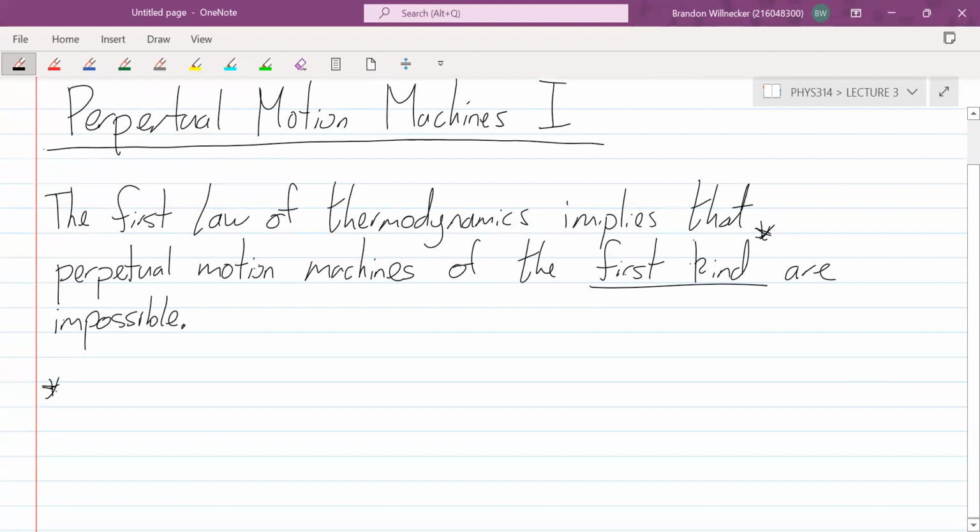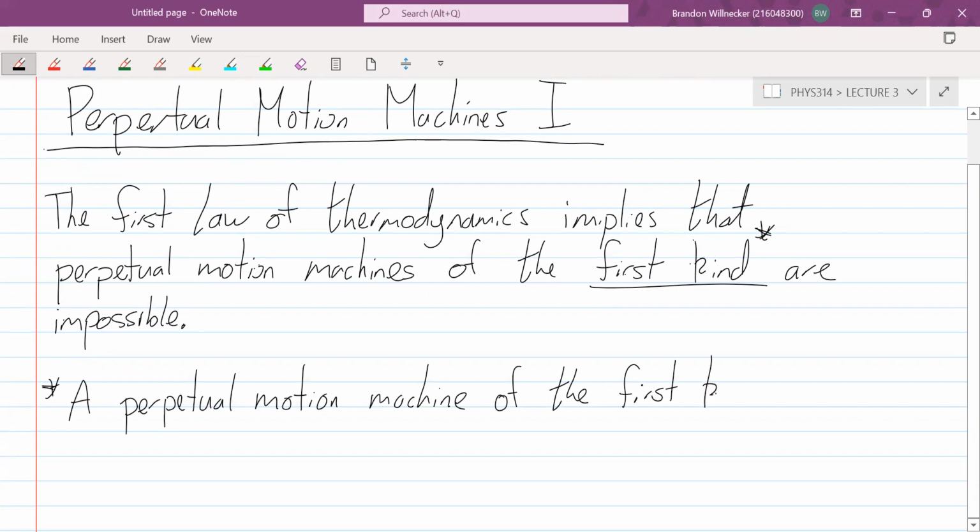So the star, a perpetual motion machine of the first kind produces work or does work, however you want to think about it, without, yeah, that's the key here, without the input of energy.